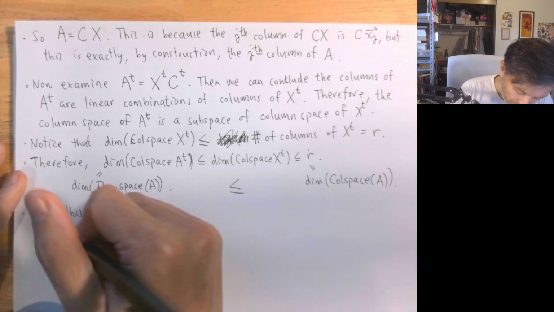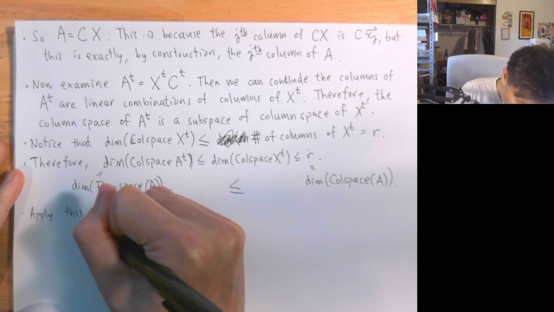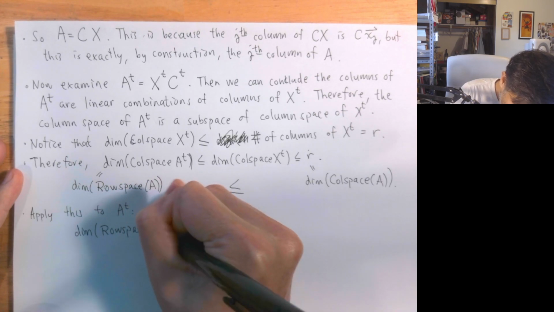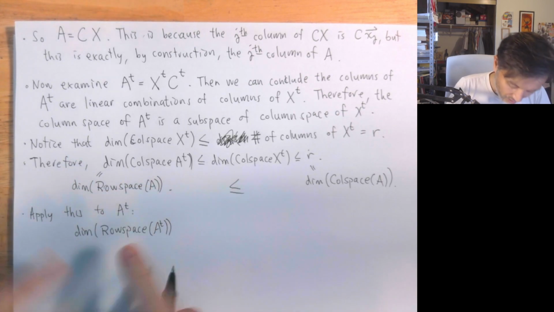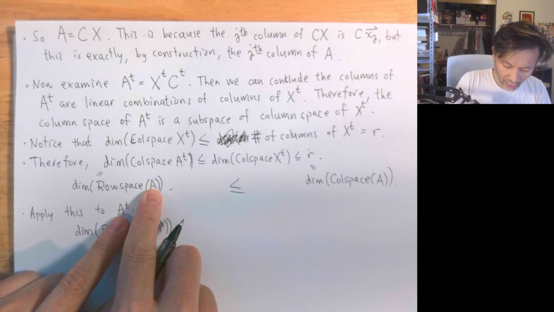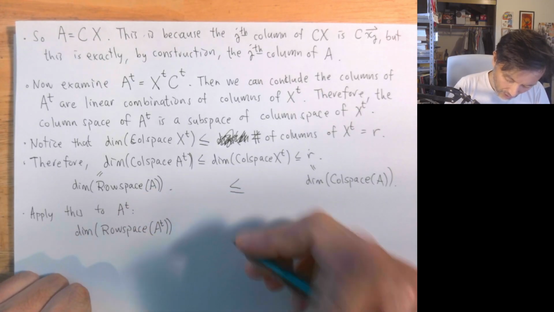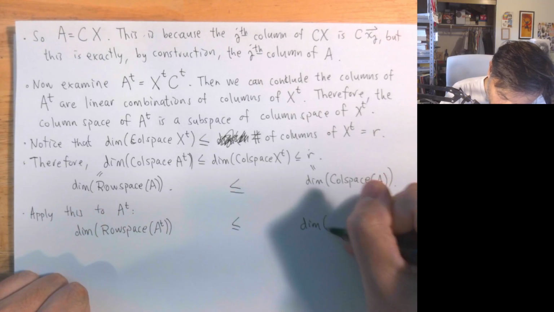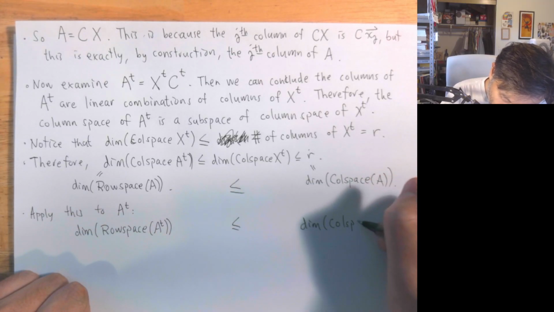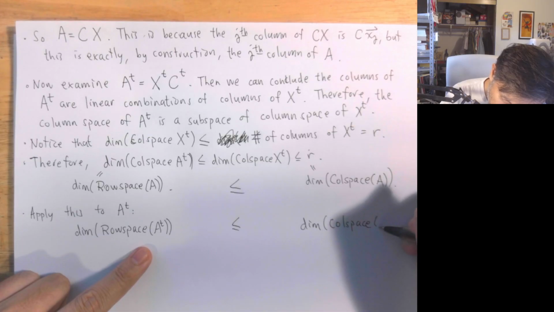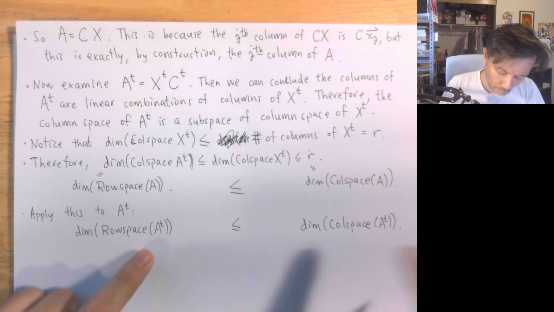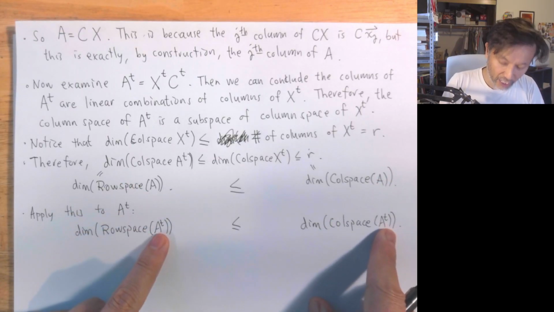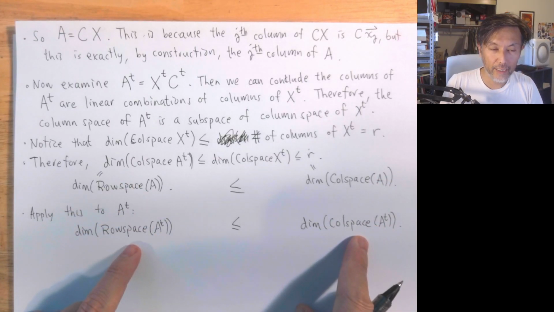And what you learn is that the dimension of the row space of A transpose, okay, so all I'm doing is replacing the A here by A transpose there, is less than or equal to the dimension of the column space of A transpose. So we get this.